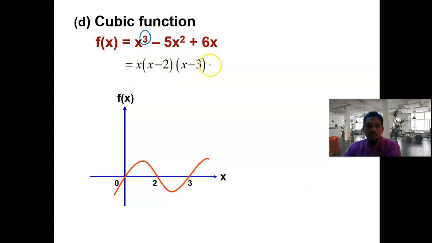So class, if we make this equal to 0, f(x) or y equal to 0, then we get x equal to 0, x minus 2 equal to 0 or x equal to 2, and x minus 3 equal to 0 or x equal to 3. So the intersection points at the x-axis are x equal to 0, x equal to 2, and x equal to 3.